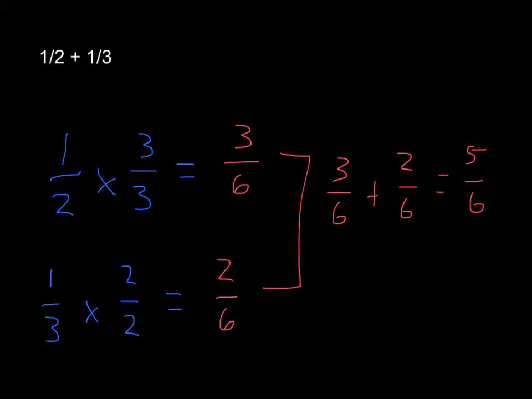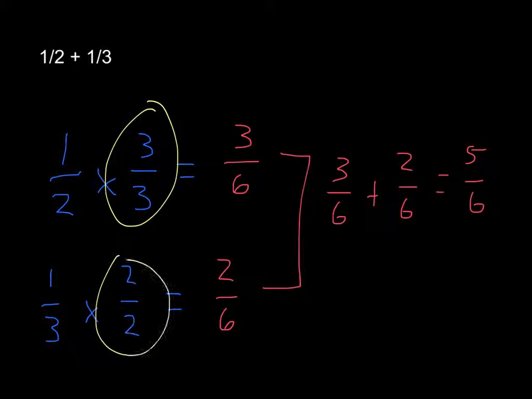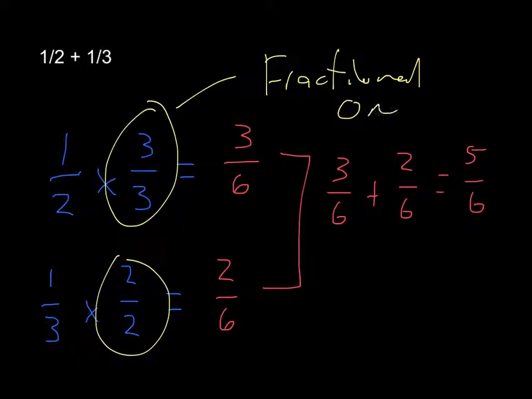Remember, when you do your multiplying, you need to remember that it's the number over itself. You must have that fractional 1. If you multiply any number by 1, it's still the same number. Okay? Make sure that you're paying attention to that.